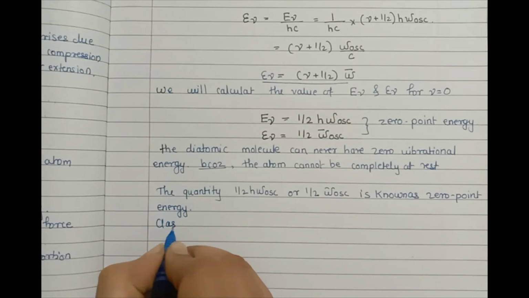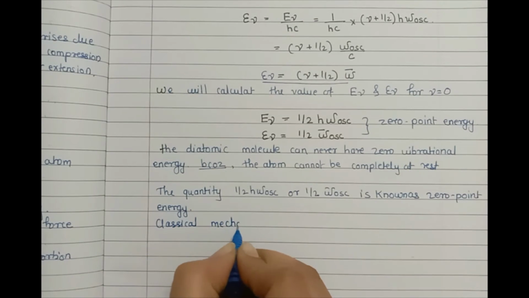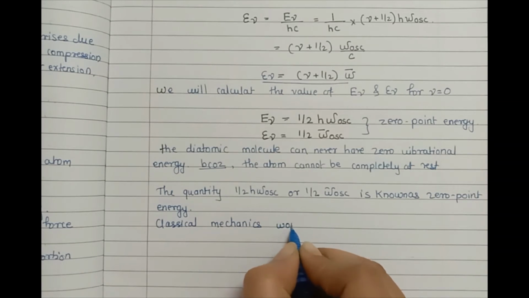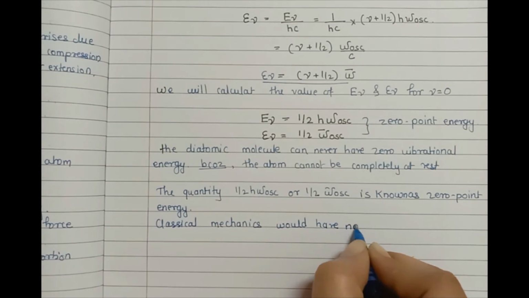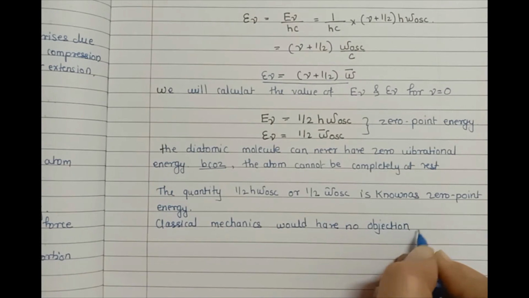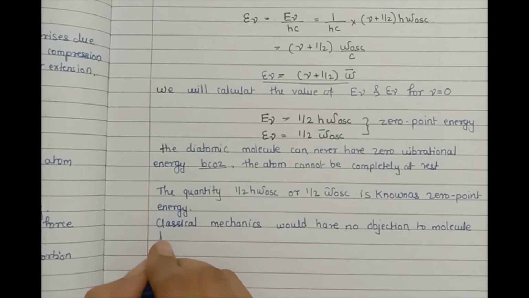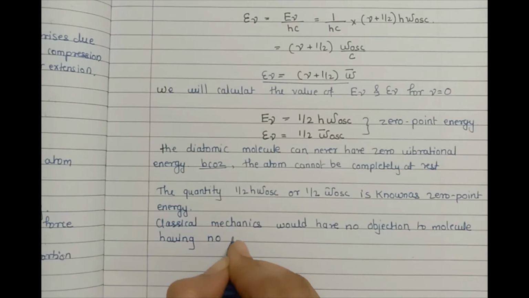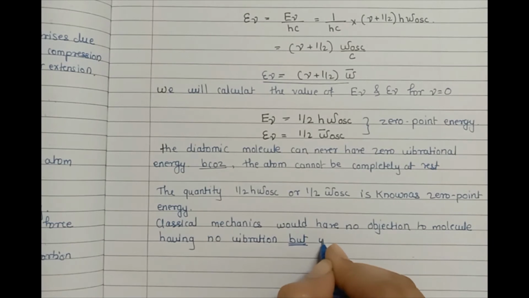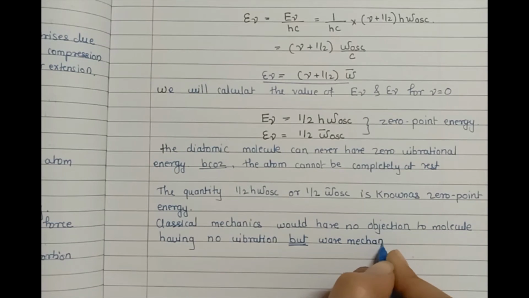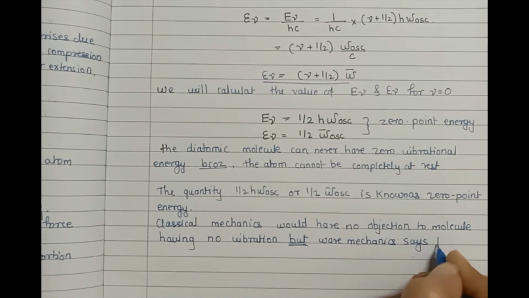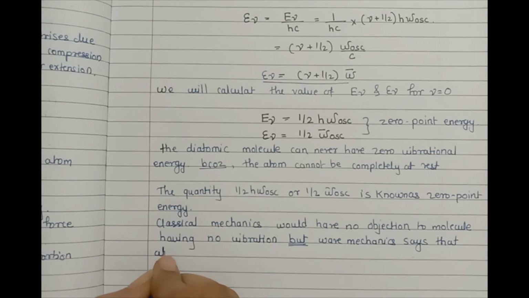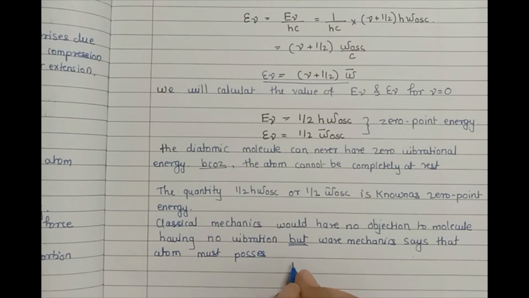So the classical mechanics would have no objection to a molecule having no vibrations, but wave mechanics says that the atom must possess the vibrations.